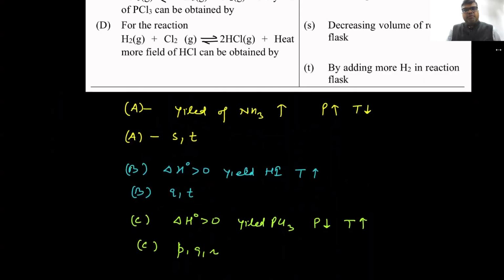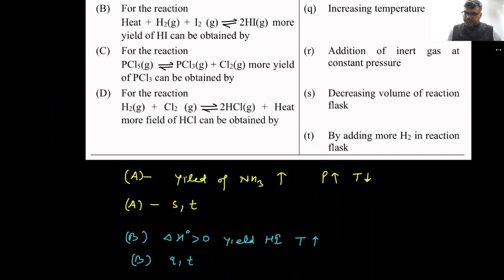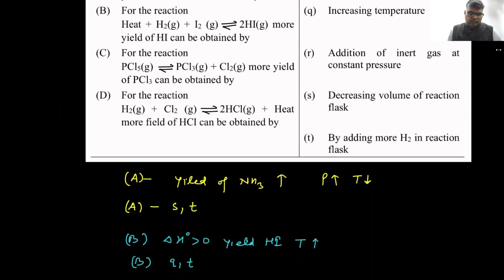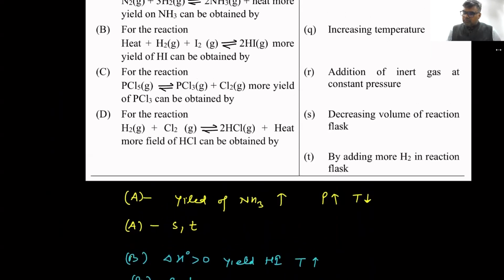And the last part is given: H2 plus Cl2 gives 2HCl. So again, it is a delta n zero case, and it is an exothermic reaction.